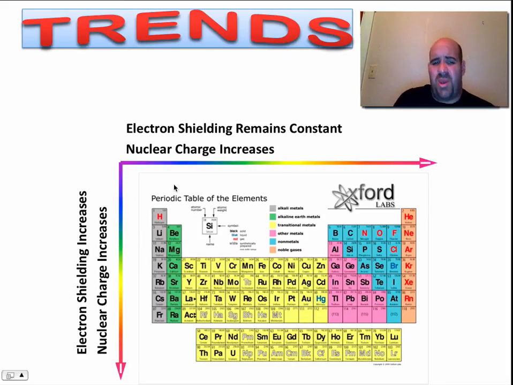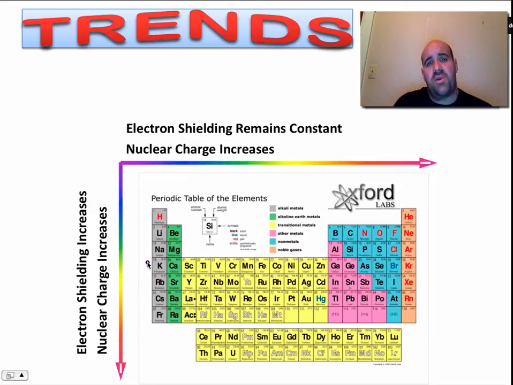So these are the two trends that we've just seen. As you go across the periodic table, nuclear charge increases, the pull of the nucleus gets much stronger. As you go across, the level of electron repulsion or electron shielding stays constant. You're just filling up an energy level. You're not getting additional energy levels. As you go down the periodic table, the nuclear charge is still increasing.